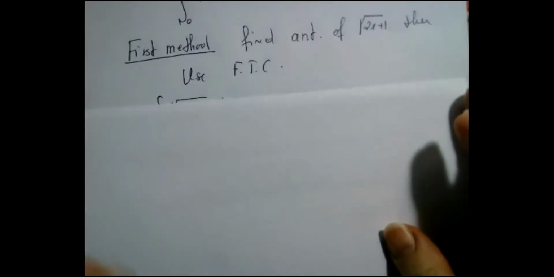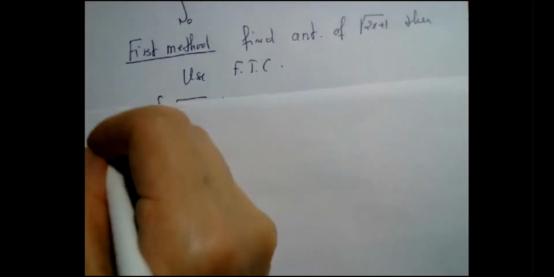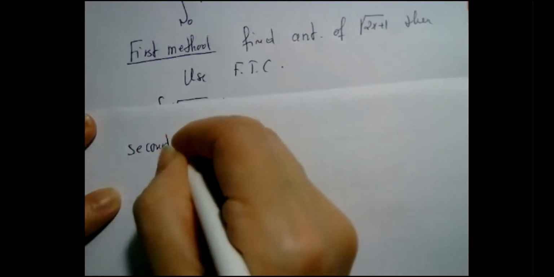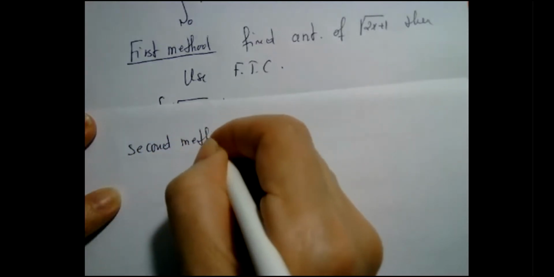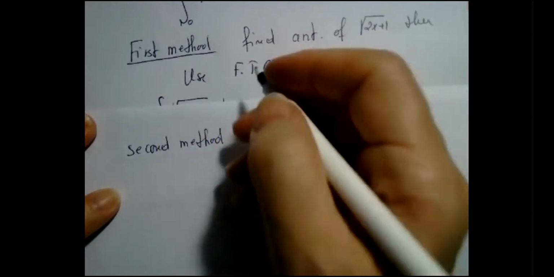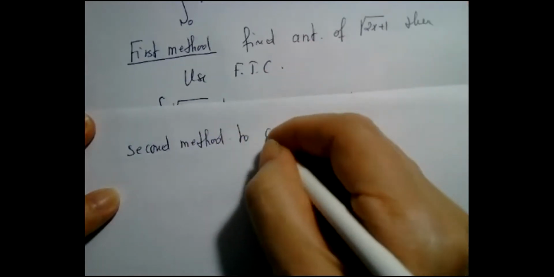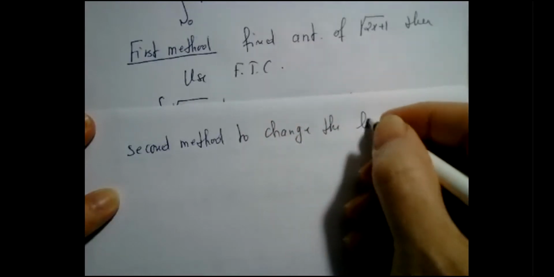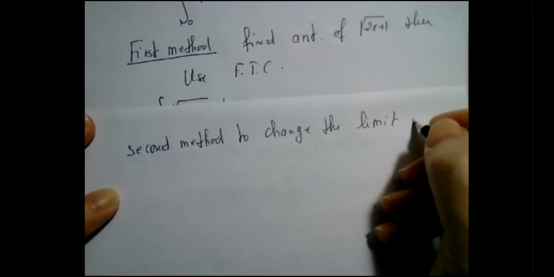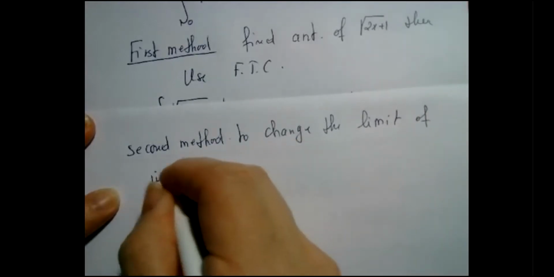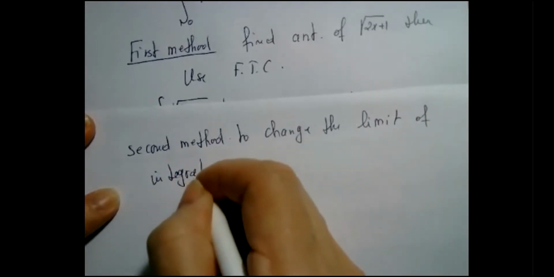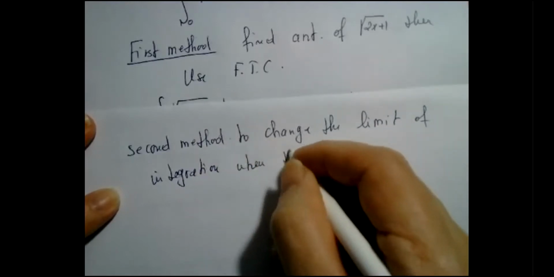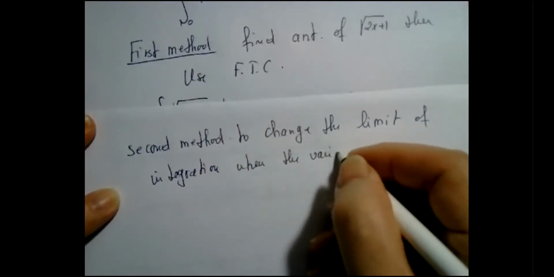So the second method is basically to change the limits of integration when the variable is changed and never go back to x. And let's see what I am talking about.